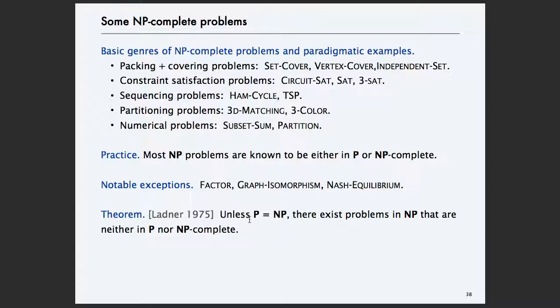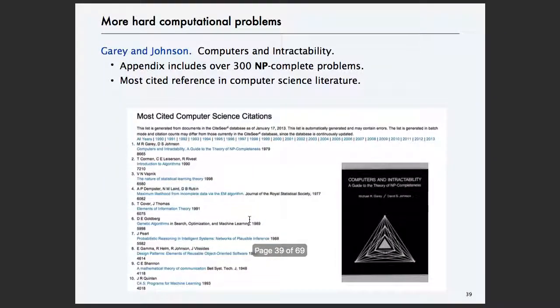Now, unless P equals NP, there are problems in NP that are neither in P nor in NP complete. So probably some of those guys are, but we don't know. We haven't proved it. If you prove it, you become an instant millionaire plus uber famous and rich.